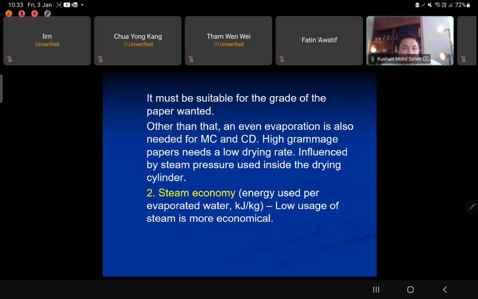It is actually impossible, let's say day one they want to use grade A, day two they want to use grade B. So they need to change all the parameters in the forming section, in the pressing section, in the drying sections. That's why before they proceed with the paper making, they already identify the quality of the paper. Only then can they have a very efficient continuous process. That's why knowledge is power, okay?